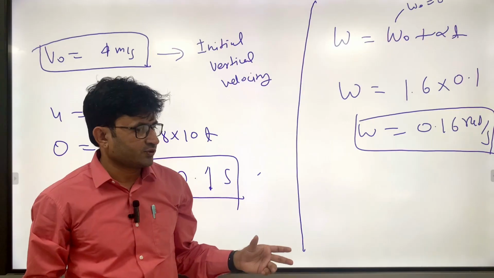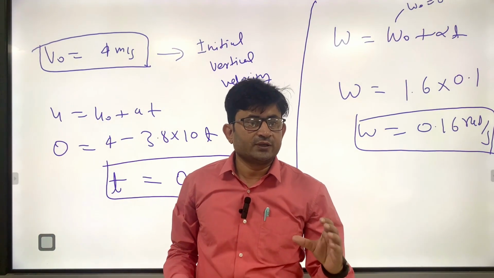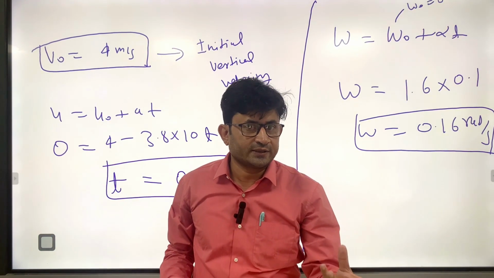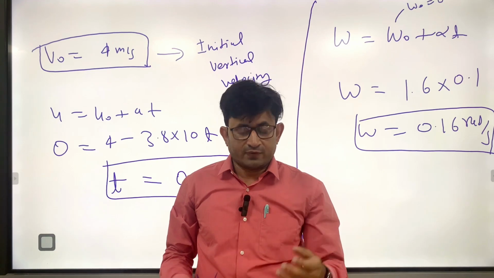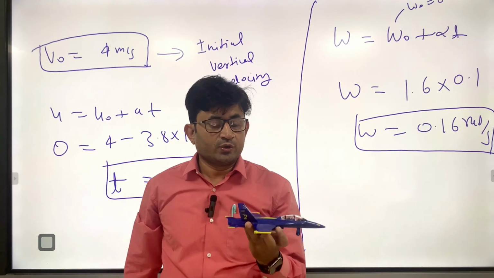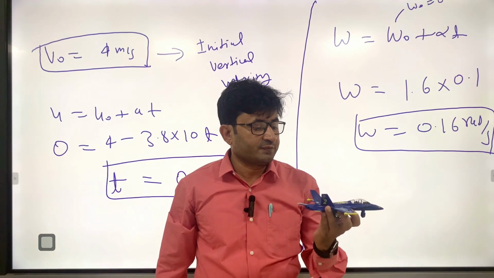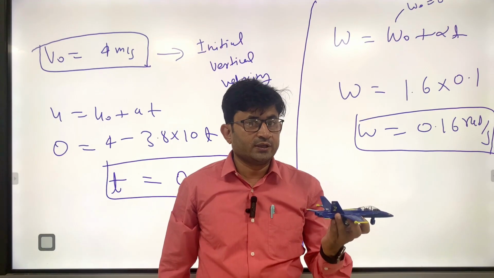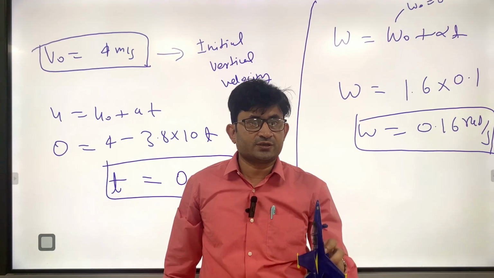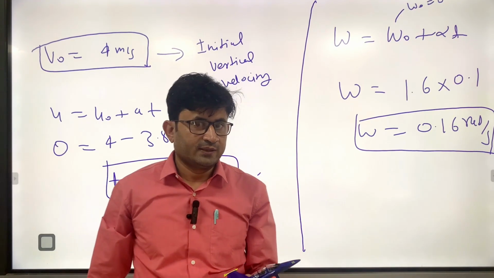So from this you can feel what kind of angular acceleration we are getting and what amount of time you require. I mean to say, the aircraft is pitching from, let's say, 0 degree to 10 degree. If it is very fast, you have to control, right?